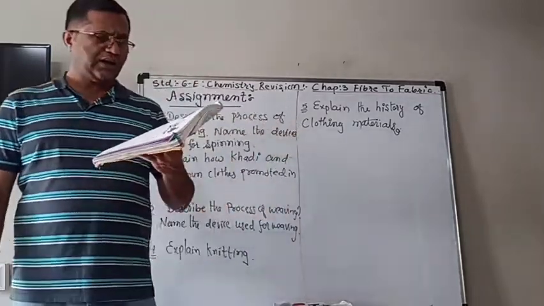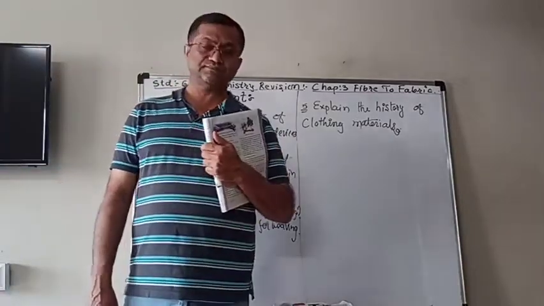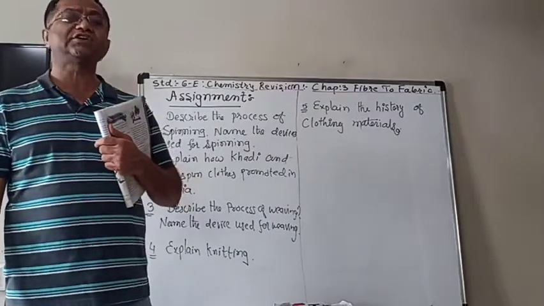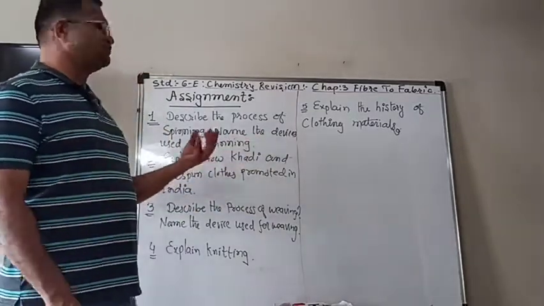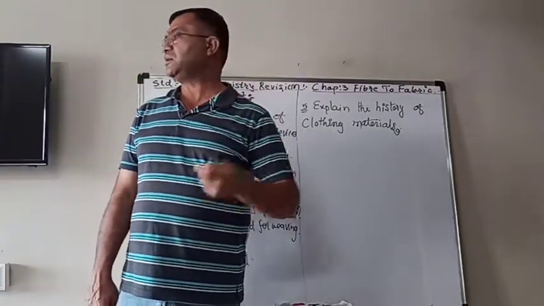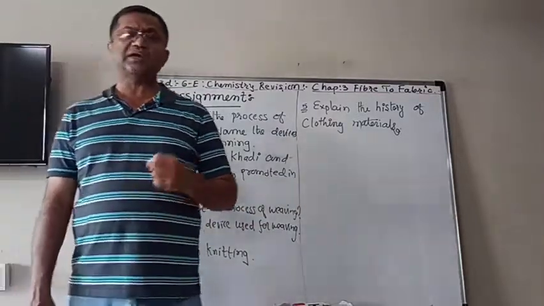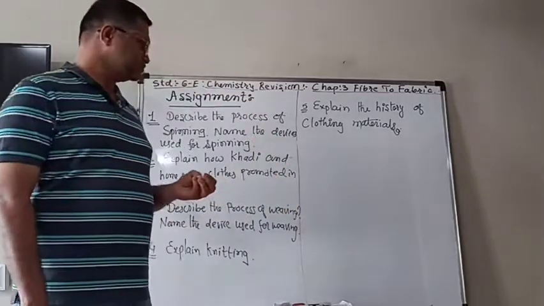Another hand operated device is the charkha, in Gujarati called રેટિયો. So the devices used for spinning are the takli or the hand spindle, or the other hand operated device known as charkha.